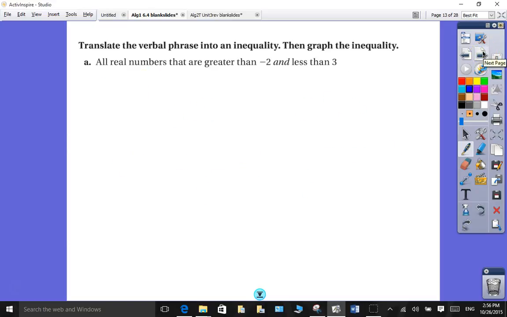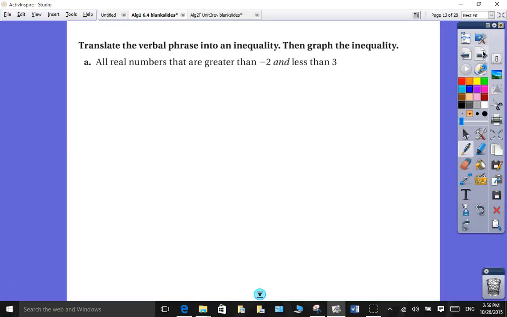Okay, translate the verbal phrase into an inequality. Okay, this is a particular kind of inequality, and again, this is part of what we're doing today that is going to be new to you. Asking my Block 1A kids, it seems like you have not had this before, and in the classes that I teach above this level, there are a lot of kids that don't deal with this very well.